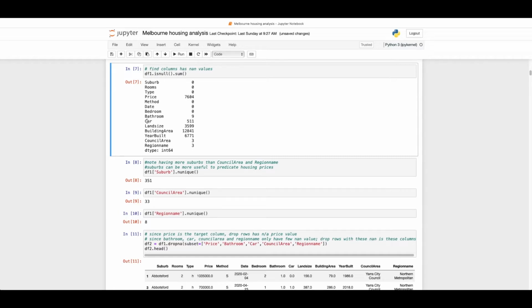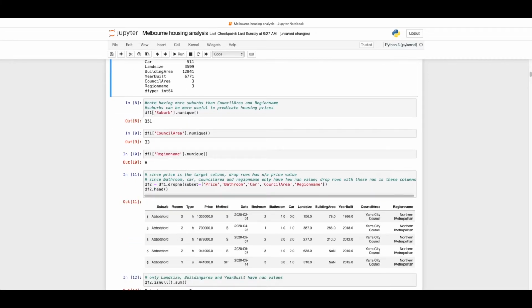And for land size, building area, year built, and car space, those we can probably use. I used the mean of each suburb to fill up those missing values in each suburb.